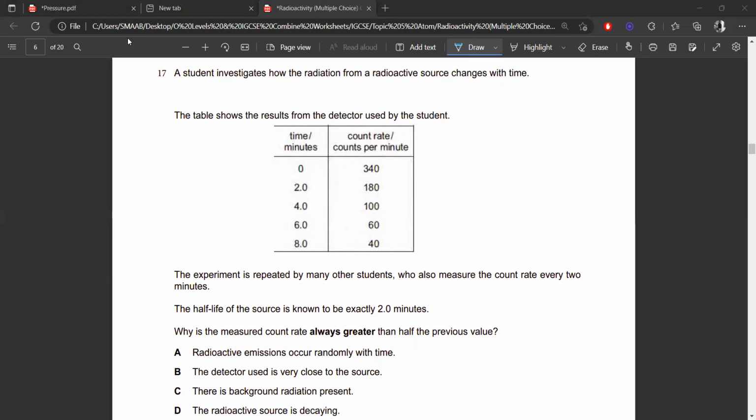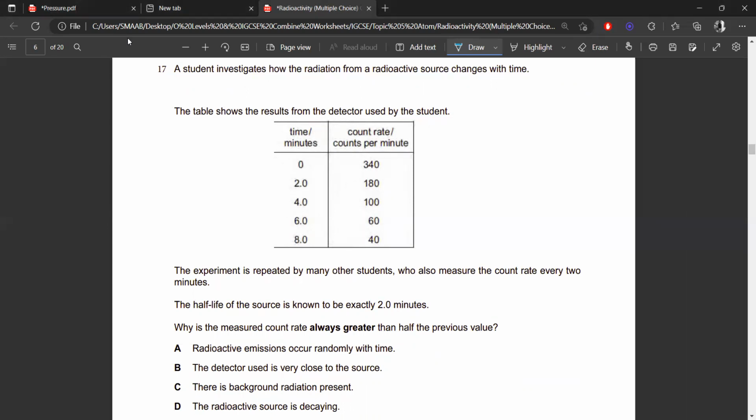17. Is it because there are background radiations present? In question 17, a student evaluates how the radiation from a radioactive source changes with time.